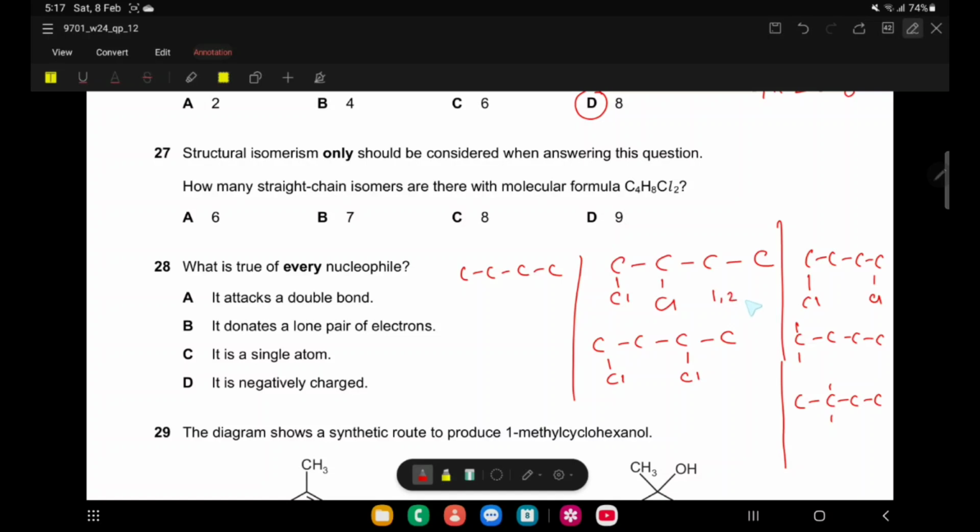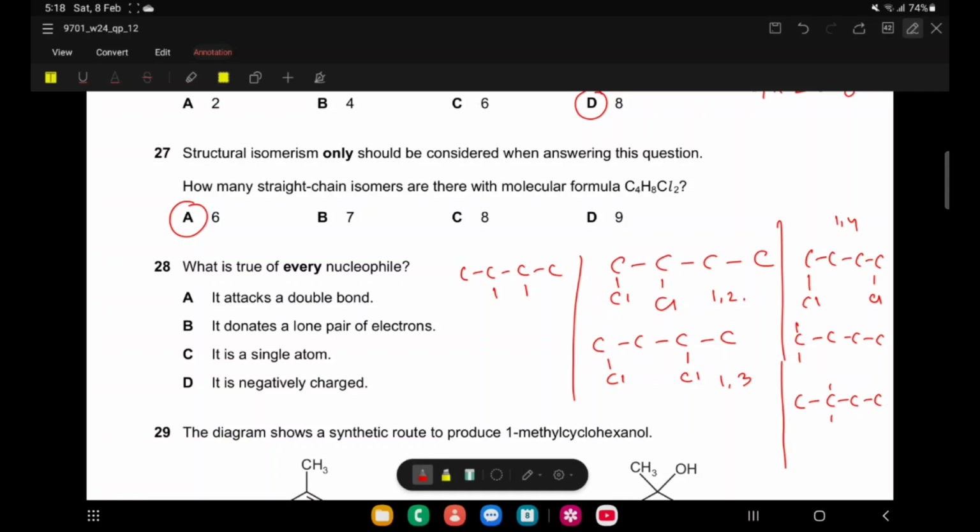This is 1,2; 1,3; 1,4; 1,1; 2,2. 3,3 is not possible, 2,3 is possible, right? Anything else? I don't think so. So in total we have 6 isomers.